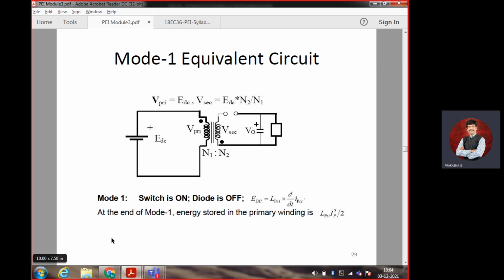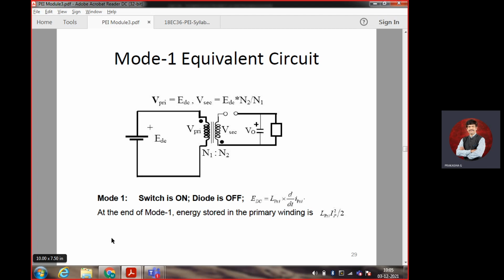In Mode 1, the diagram shows that the transistor, or the thyristor or the switch, which is connected to the primary winding is closed, that is, on. At that time, the diode which is connected to the secondary is off. The problem here is that the two windings, primary and secondary, are in opposite directions.